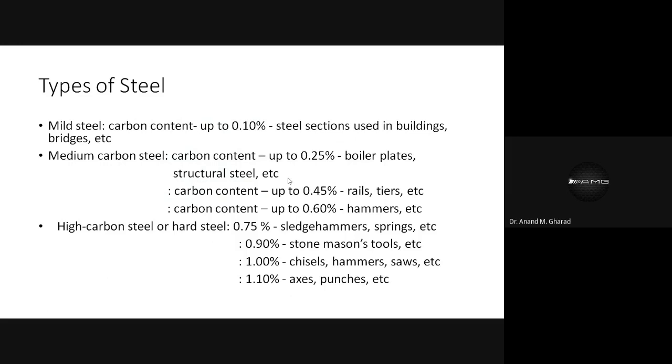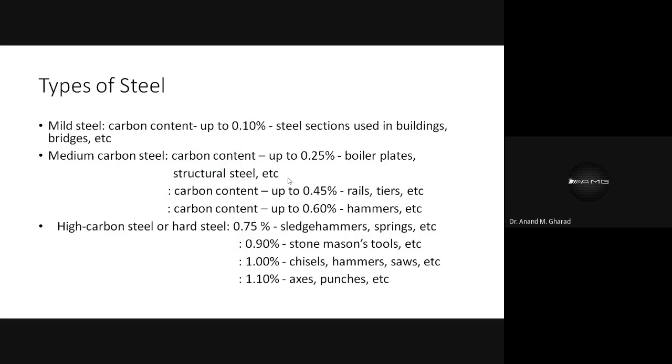Now, what are the different types of steel? There must be a question in your mind about what the different types of steel may be, and out of various steels, which steel should be used for construction purposes. So the classification is in front of you.